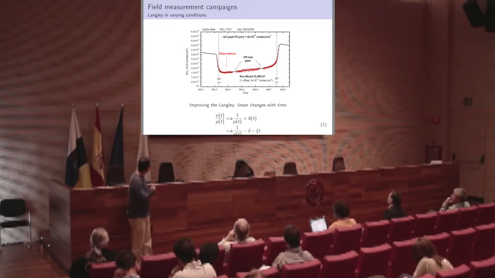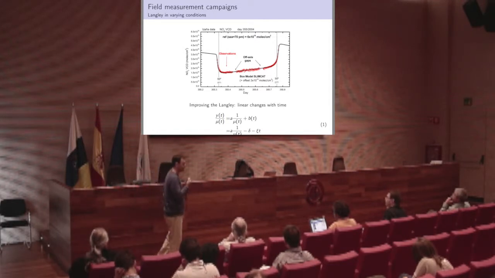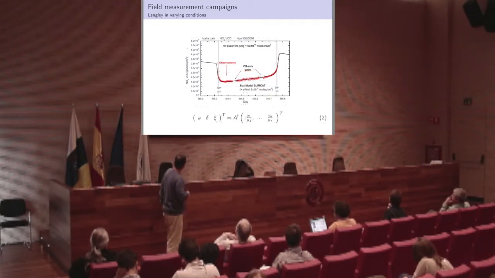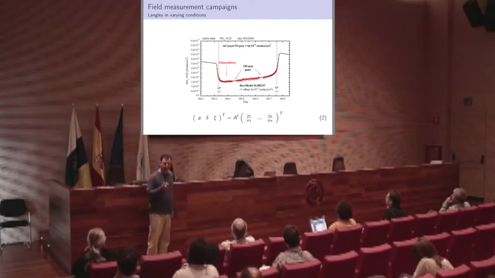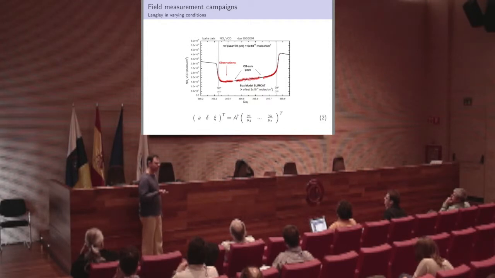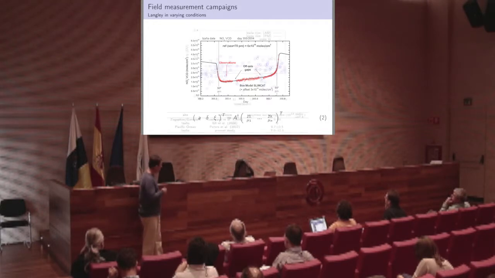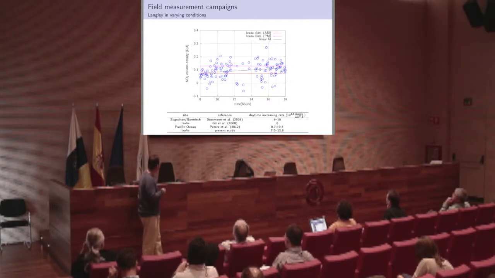So you can add a linear term in the Langley, generalizing the Langley plot by inserting this linear term with time. A matrix inversion gives you, at the same time, the extraterrestrial constant, the vertical content of the nitrogen dioxide in a day, and the daily variation. And fortunately, this daily variation is quite compatible with the previously reported results in the literature.